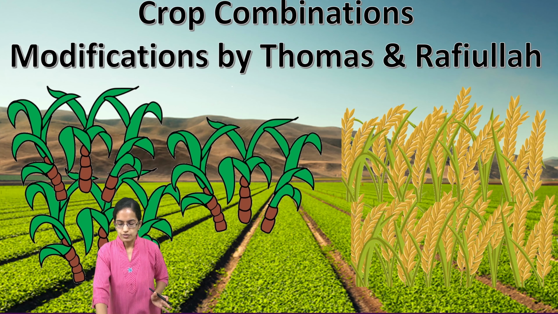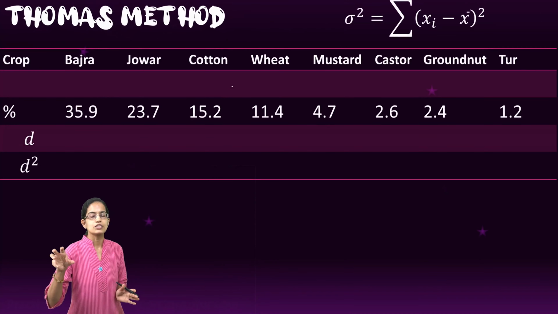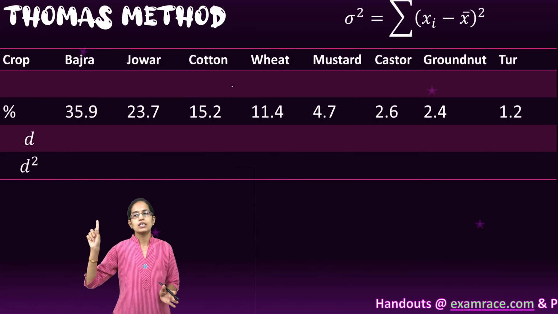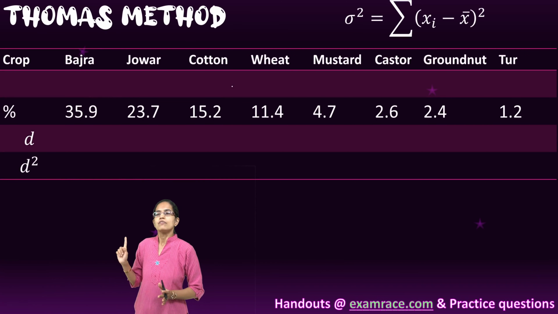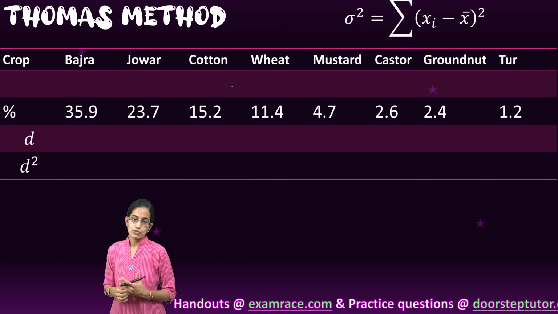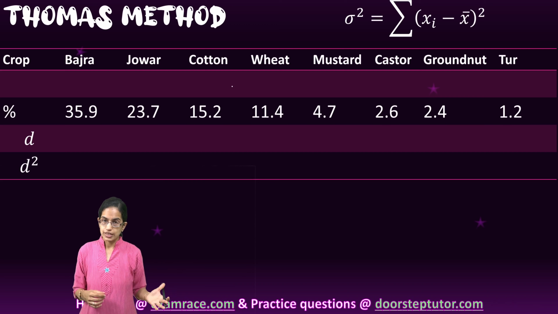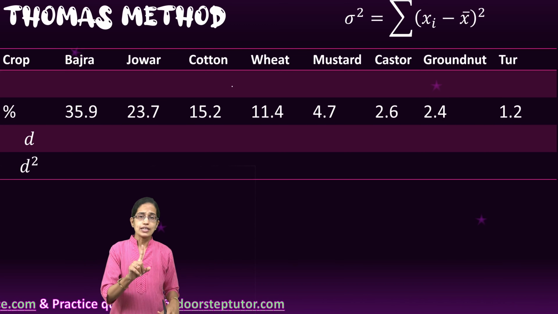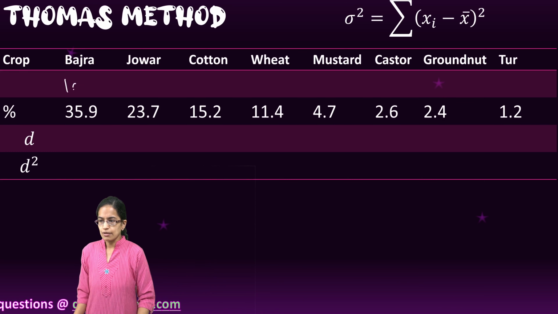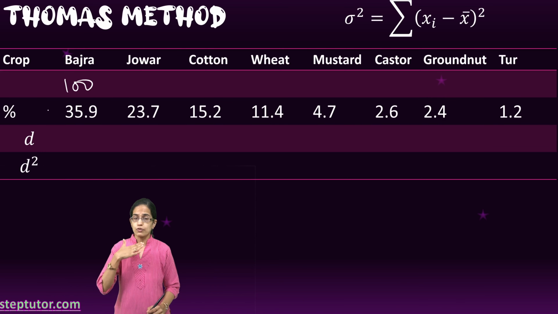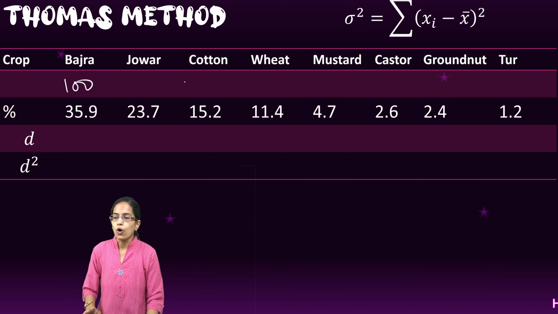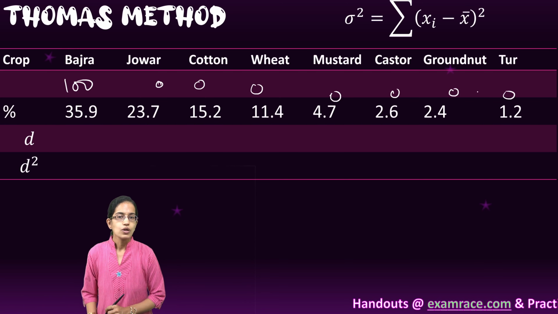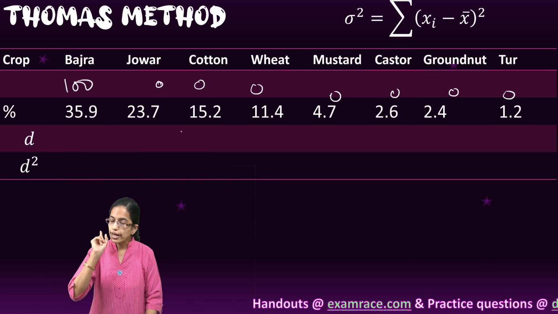So Weaver laid down a method which was criticized by Thomas, because Thomas said that if we are taking a hypothetical value for one of the crops, we need to take the hypothetical value for other crops as well into account. For example, if I say this is a monoculture, only one crop should be grown, and I say bajra accounts for 100%, that means all other crops should account for 0, 0, 0, 0, 0 and 0, but this was not taken into account by Weaver.